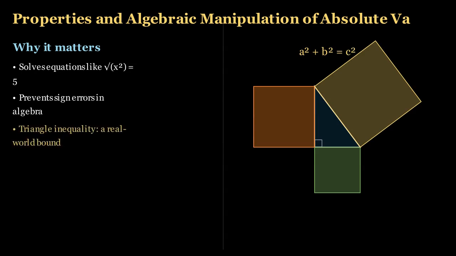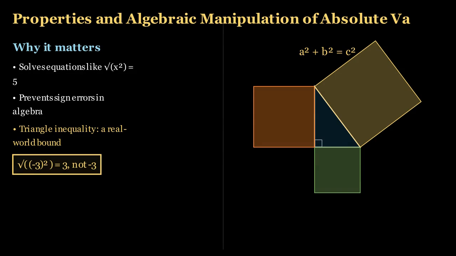The product and quotient rules let us break down complicated absolute value expressions into simpler pieces. And the triangle inequality is not just abstract, it tells you the longest possible straight line distance between 2 points if you have to go via a third point. It is a guarantee that a detour is never shorter than the direct path.